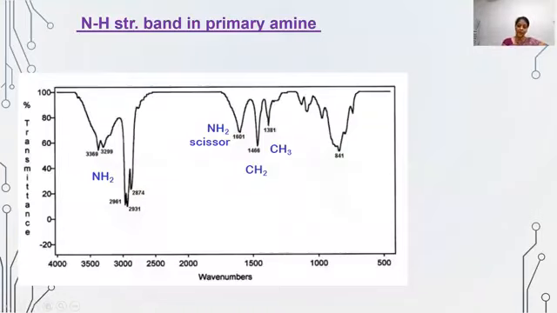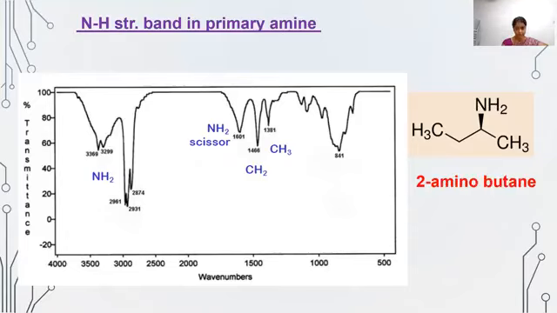If we take the example of a primary amine, this is 2-amino butane, in which the NH2 is present at the second position as the primary amino group and the remaining hydrocarbon chain is present. The remaining hydrocarbon part shows absorption below 3000 centimeter inverse. This is CH stretching, bending at 1400 centimeter inverse.